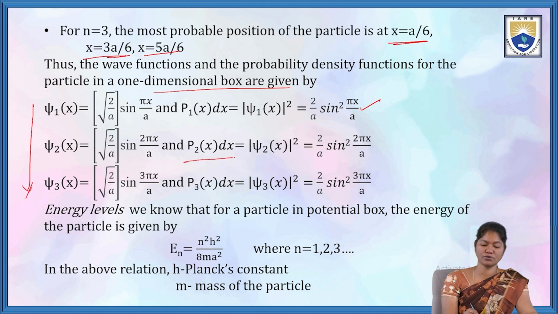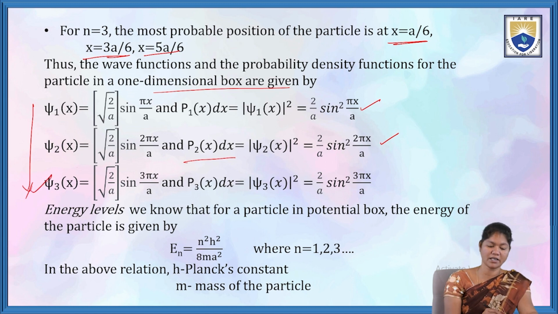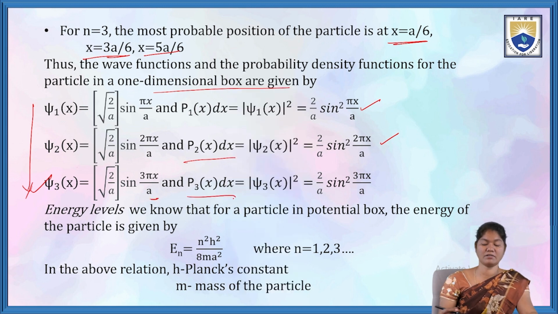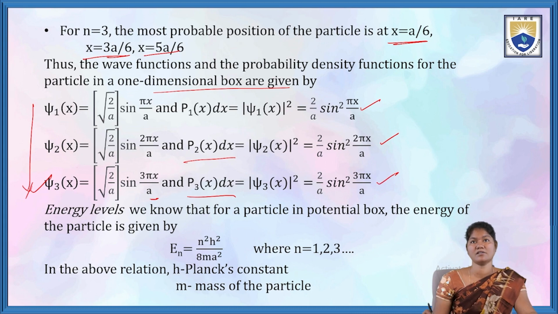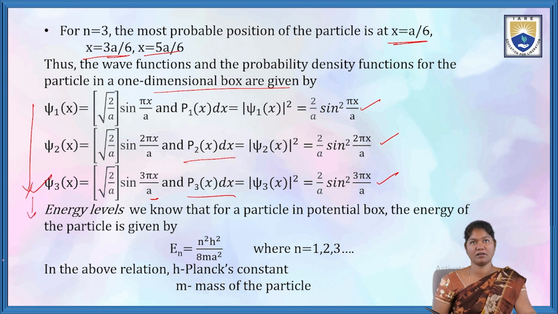So P2 of x dx is 2 by a sine square 2 pi x by a. Taking psi 3 of x, that is equal to root 2 by a sine 3 pi x by a. Then the probability density P3 of x dx is equal to 2 by a sine square 3 pi x by a. Likewise, the wave functions will vary.